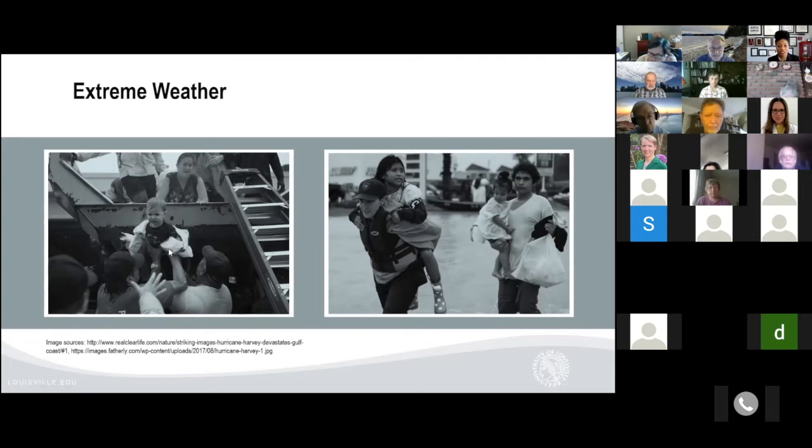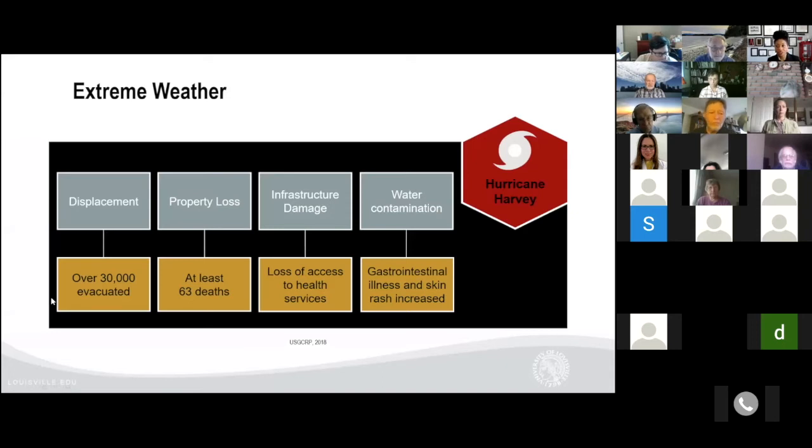And this shows the inherent vulnerability of children in extreme weather events. They're completely dependent on adults to make decisions for their well-being and their safety. And we can see the vulnerability of children captured here in these images. Let's do a deeper dive on Hurricane Harvey and the widespread impacts of it.